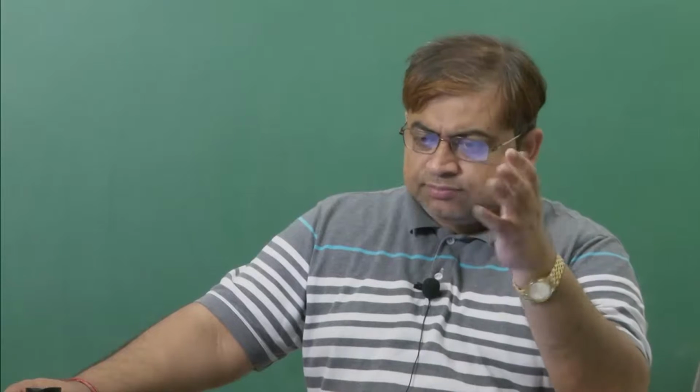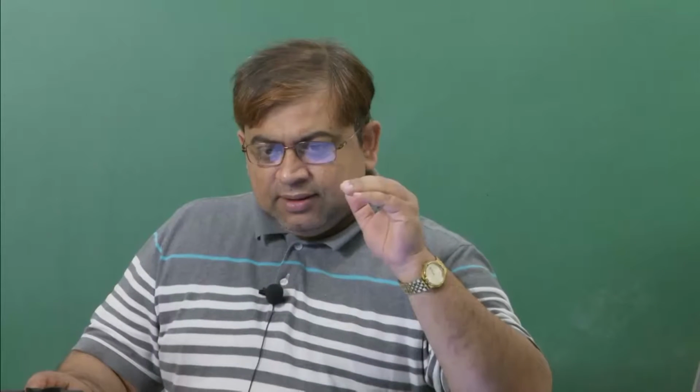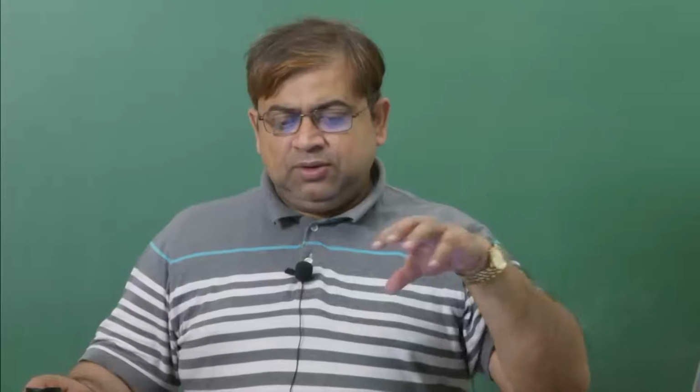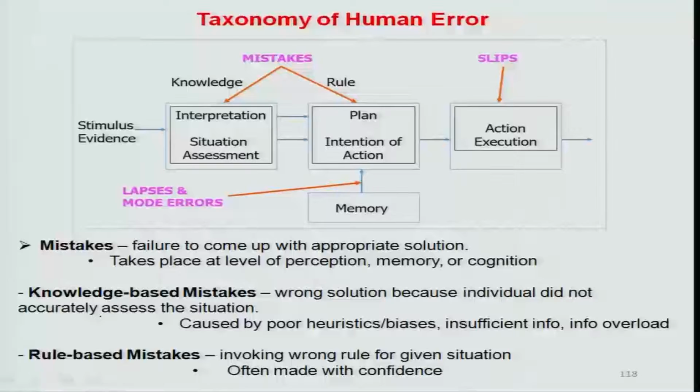For example, those work elements where the typical operator will say, oops, I did something wrong. So those kinds of issues have to be classified in different contexts, so that I can have a good standard way of looking at the sources of generation of such human errors. So let us look at the taxonomy of the human errors.